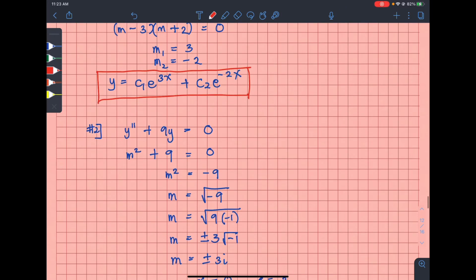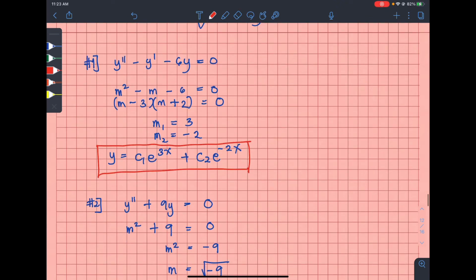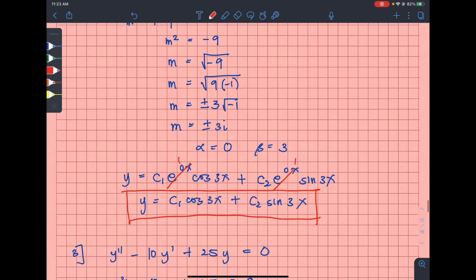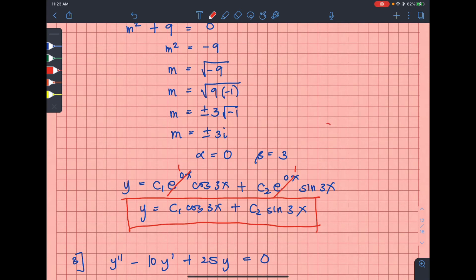So you can see here these are the differences. This is case 1, those are two distinct roots, so we're just going to simply change the exponent of the exponential function. For the second example, that is case 3, it's complex roots. So we just need to determine the alpha and the beta and substitute them into our general solution.